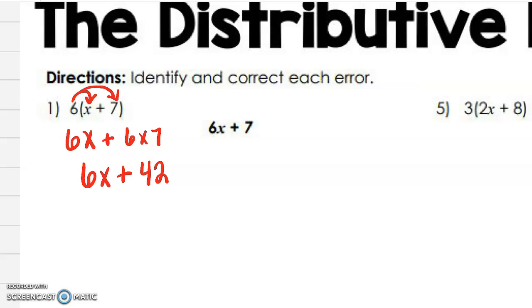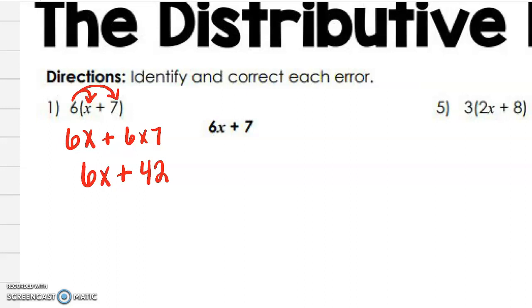So let's look at what the student did and see if they're correct. Well, I can already see a difference. Hopefully you can see that they did not multiply the 6 times 7. They just copied down a plus 7. And we did the 6 times 7. So where they got it wrong is right here.